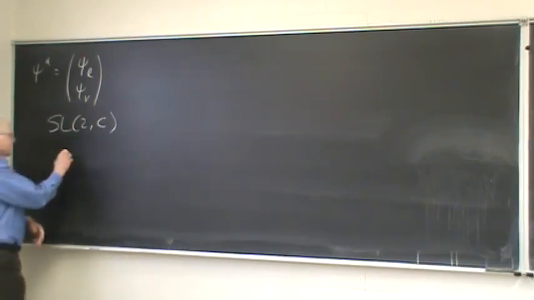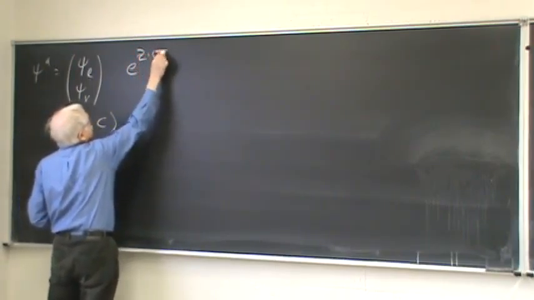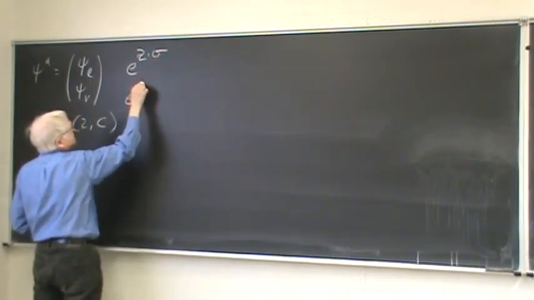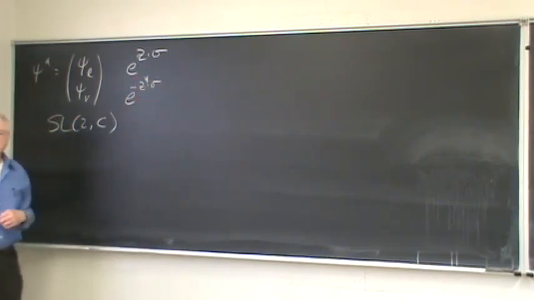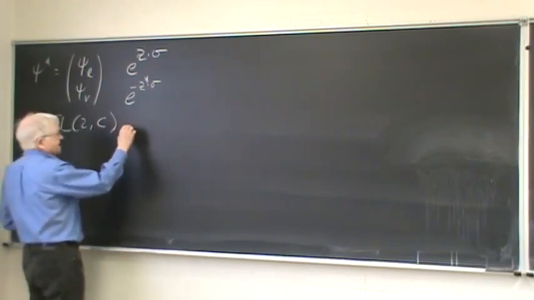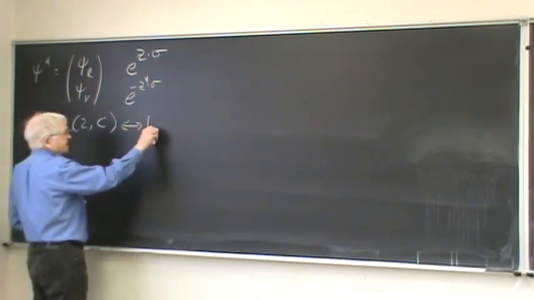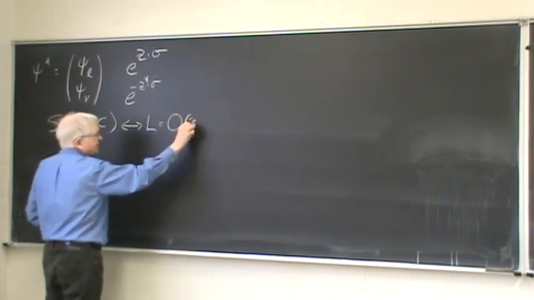In fact, I can write them down. This guy goes as essentially e to the z dot sigma, and this one is e to the minus z star dot sigma. So these are the two different representations of SL2C. And SL2C is what we think of as the Lorentz group, which of course is really O(3,1).